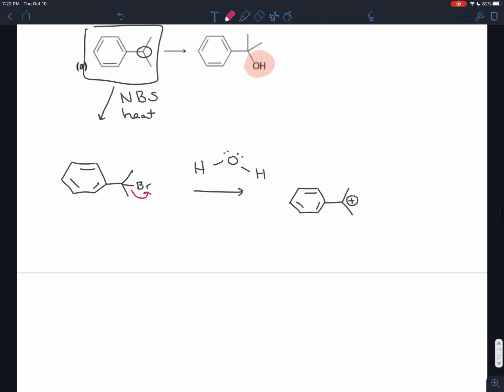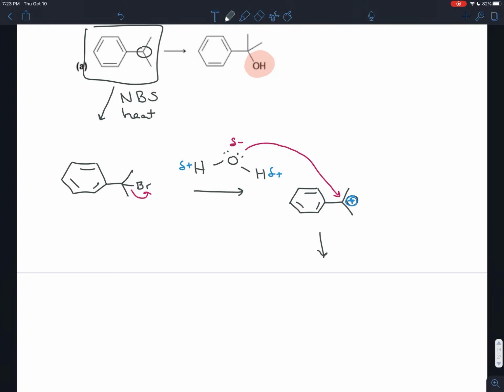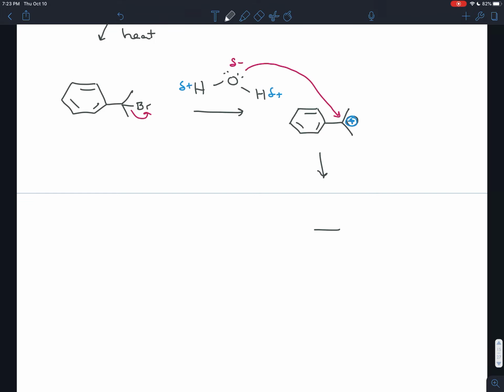And this nucleophilic oxygen with a slightly negative charge will attack the positive charge on the carbocation. So you'd end up with this.